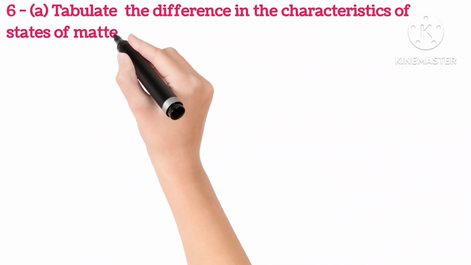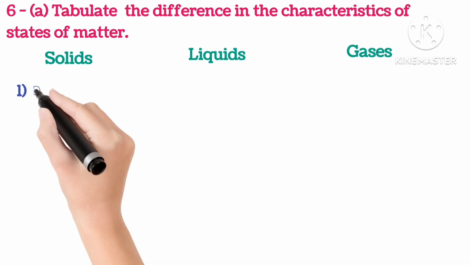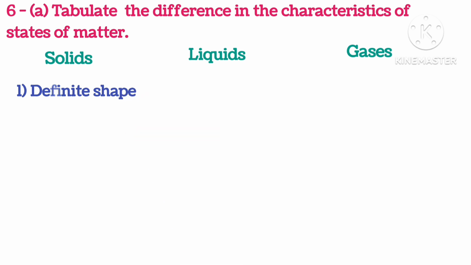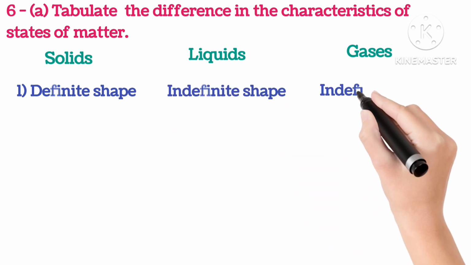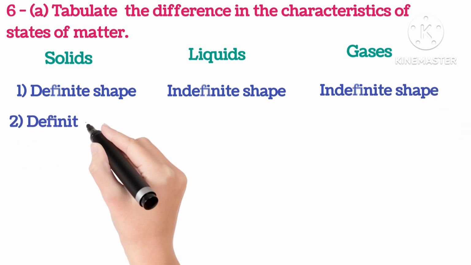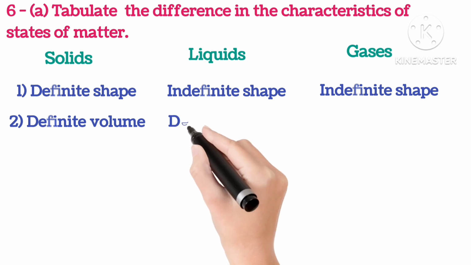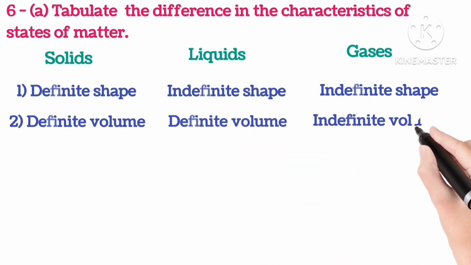Tabulate the difference in the characteristics of states of matter. So the differences between solid, liquid and gases are: solids have definite shape, and liquids and gases have indefinite shapes. Solids have definite volume, liquids also have definite volume, but gases have indefinite volume.